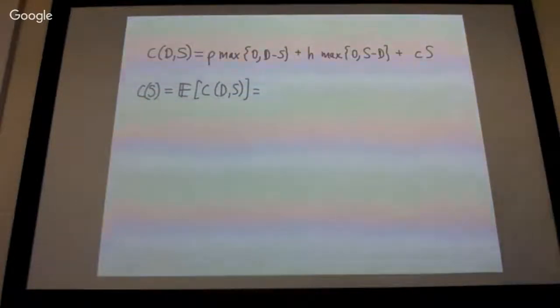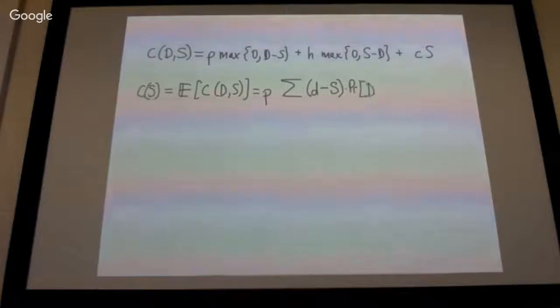So you have to sum the value, which is going to be D minus S, and you multiply this by the probability that the random variable is this little d. And you're summing all of them.